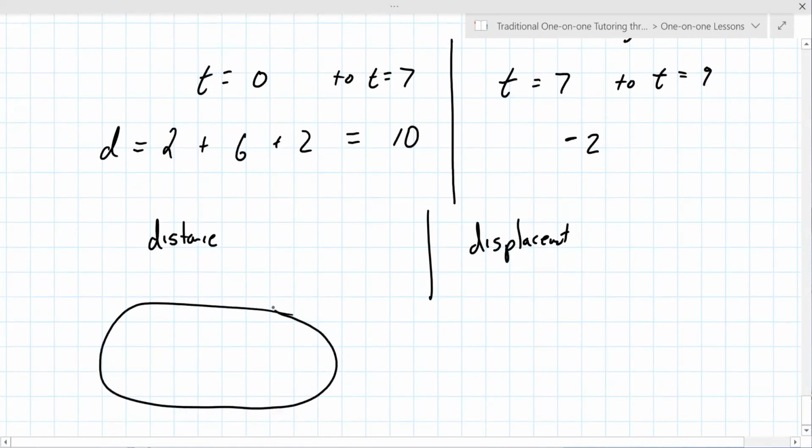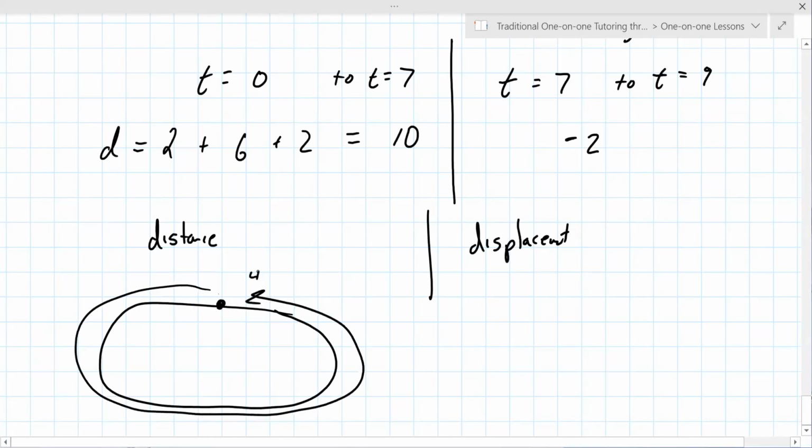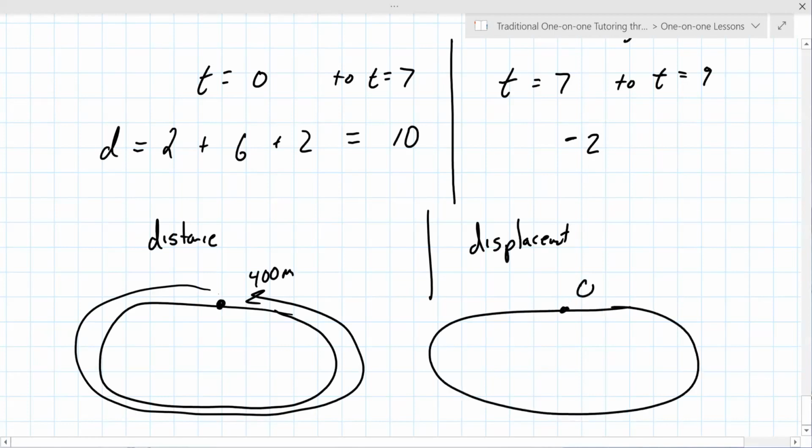You go around the track. If you start here and go all the way around, your distance is one track, however long your track is. Most tracks are 400 meters. Your displacement, though, if you go all the way around, is 0, because it's relative to where you started. You didn't go anywhere.